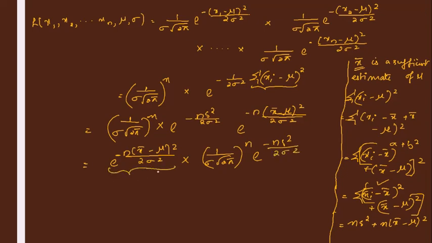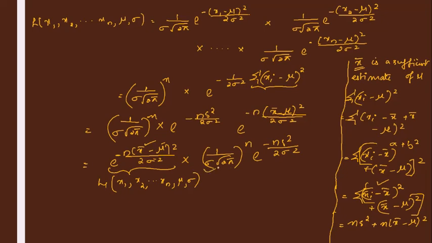So this is your L1, and L1 is a function of your statistic x bar and also your parameters, that is mu and sigma over here.